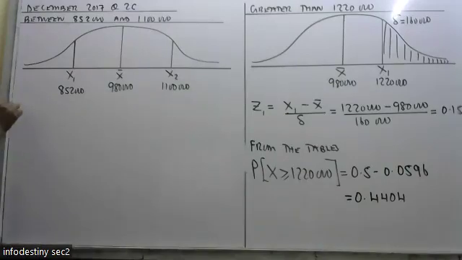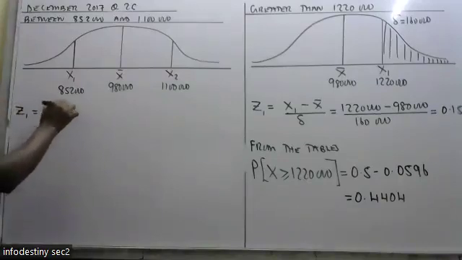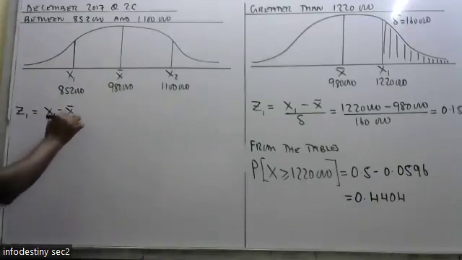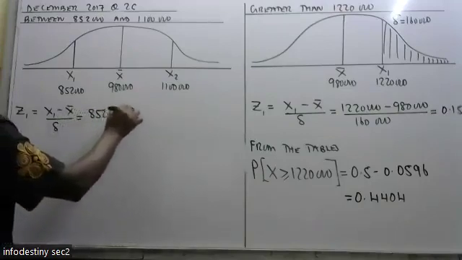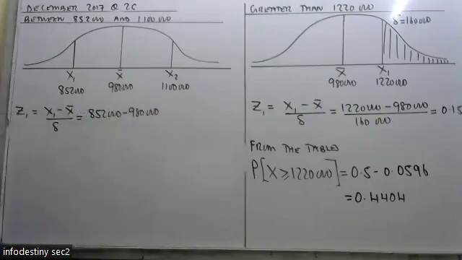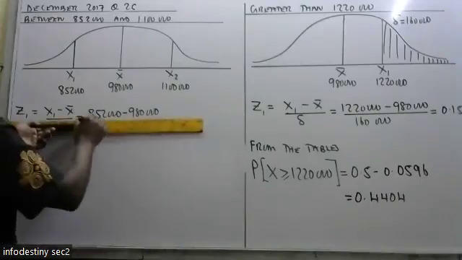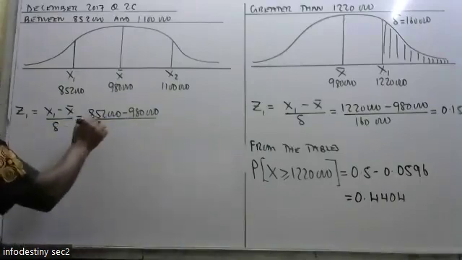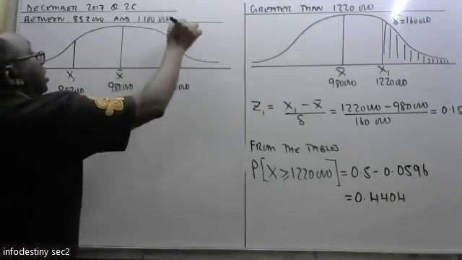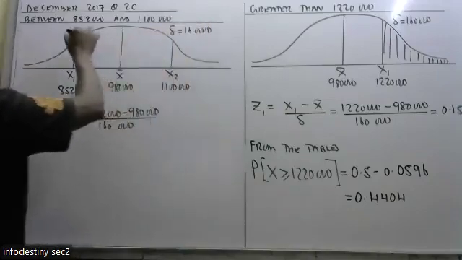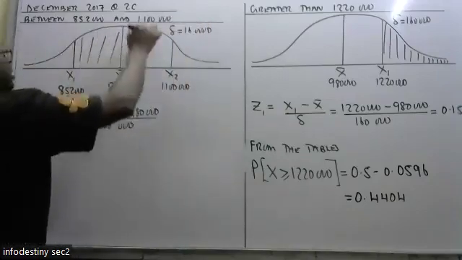With this we have Z1, which is X1 minus X bar, we divide by standard deviation. And this is 852,000 minus 980,000, divided by 160,000. Our interest is this one.